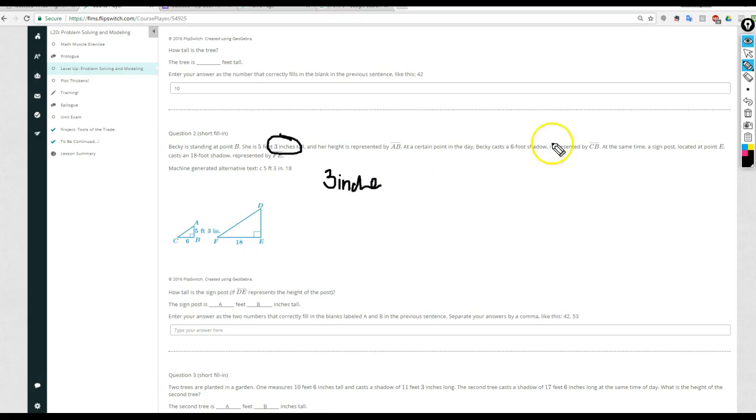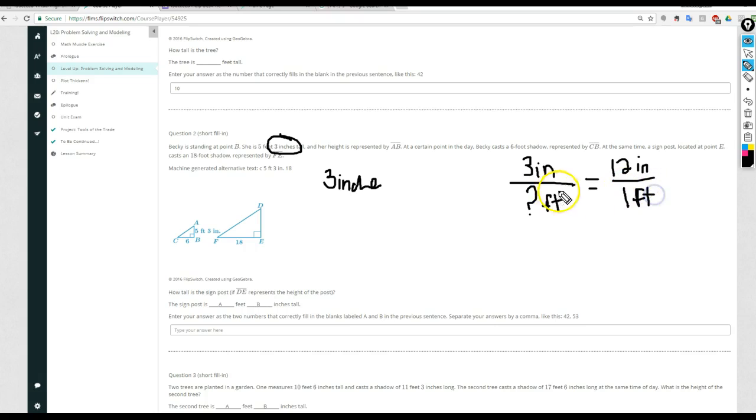So we have 3 inches compared to how many feet, just like 12 inches is compared to 1 foot.